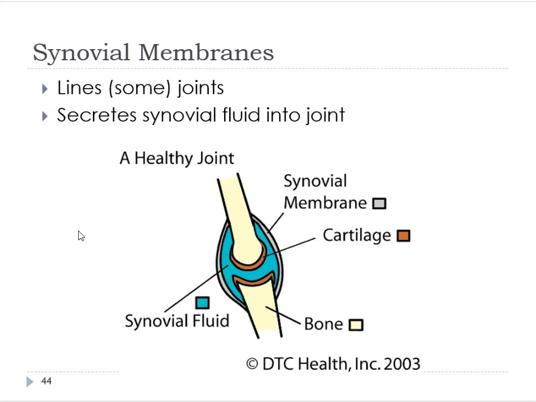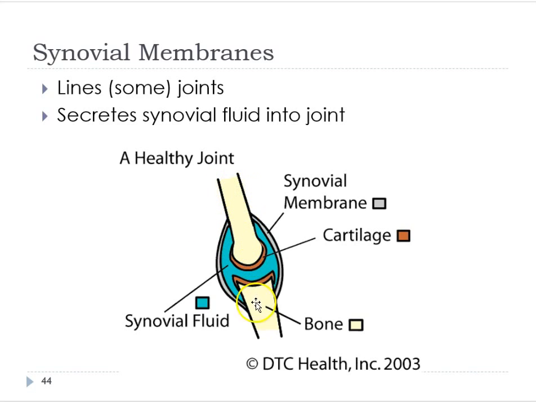Synovial membrane. These are going to line some joints, and we'll talk about them a little more in the future when we get to ligaments. And they secrete a synovial fluid into the joint. And if I'm not saying that correctly, sorry.